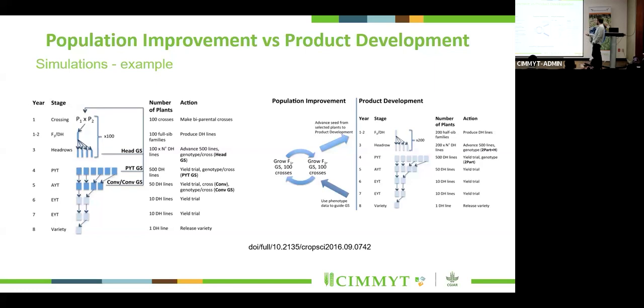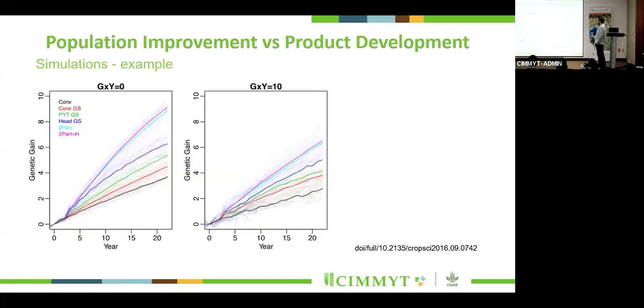And then we have a design here where we separate population improvement from product development, and again a couple of different options for where we bring in the genomic selection. Looking at the left graph for now, conv is conventional with genomic selection, this is a late stage, preliminary yield trial, head row, and then separating completely product development and population improvement.